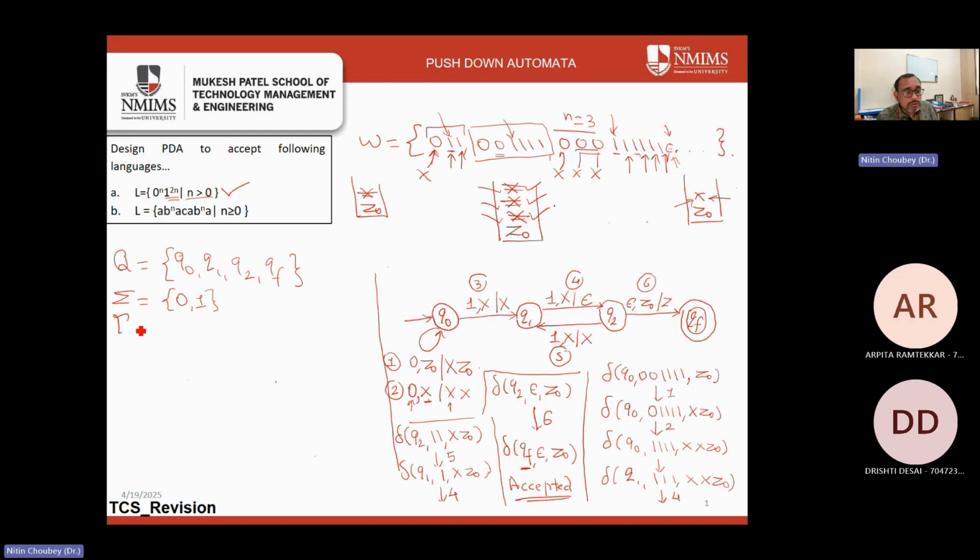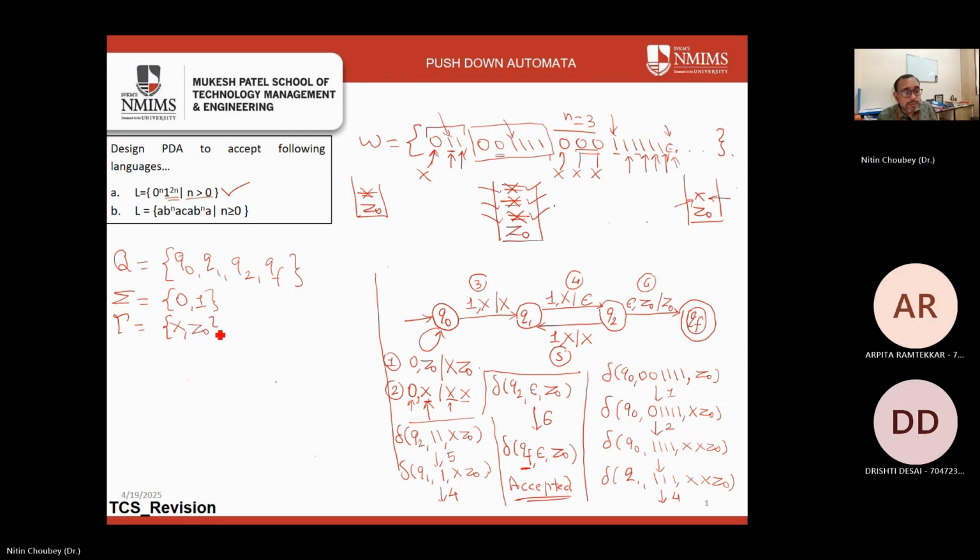Let's go for tau. Tau is the set of symbols available on the stack. Let's check which different symbols we have. We have X, and here also X is available, Z0. Here also X, Z0.